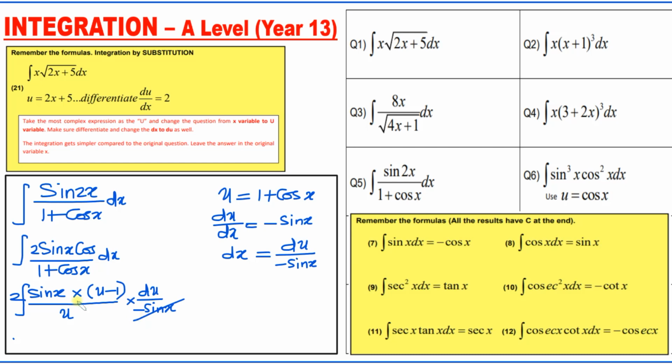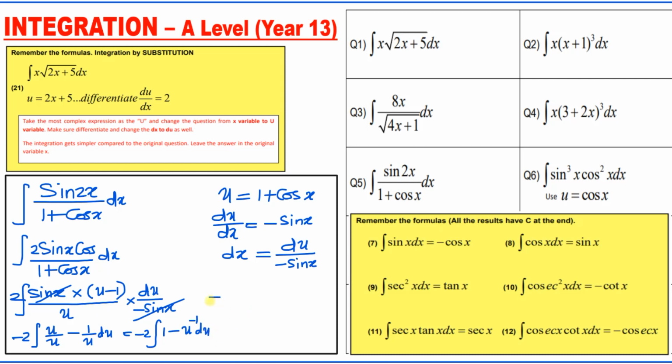Now sine x cancels with sine x, and the minus goes outside. So keep the minus outside, integrating u minus 1 over u, which can be written as u over u minus 1 over u du. That's even better. So minus 2 outside, integrating 1 minus u to the power minus 1 du.